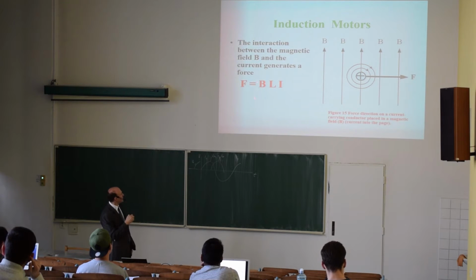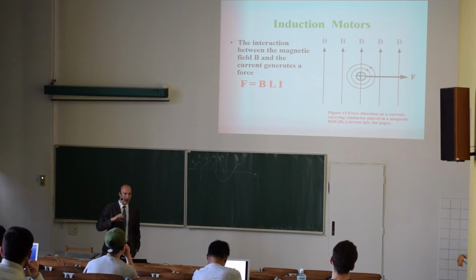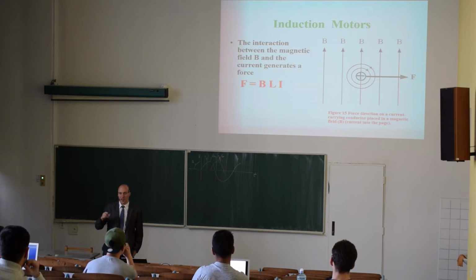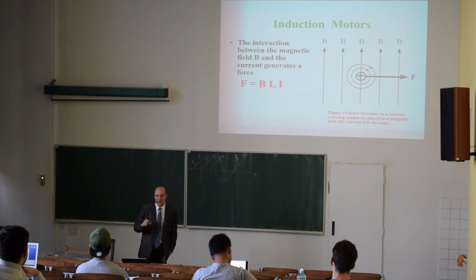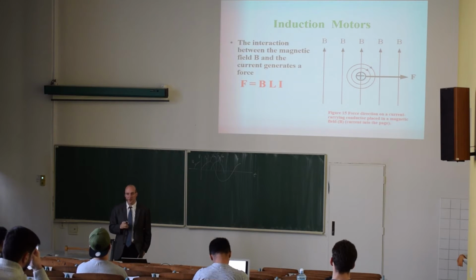And magnetic field strength, that's clear. I can use more wire on the stator to create a stronger magnetic field. But as we have seen on magnetic materials, the limit is saturation. I cannot go stronger than 1.2, 1.5 Tesla.